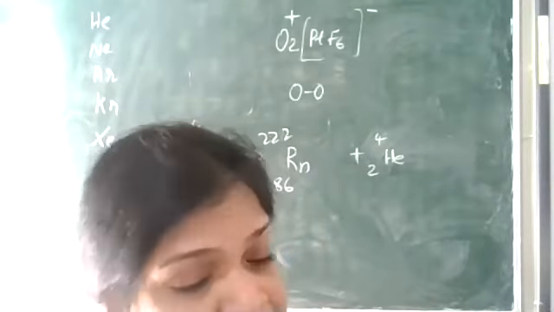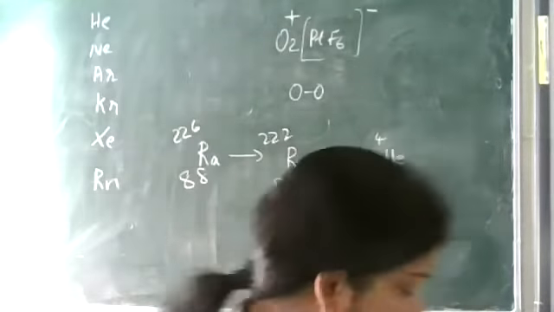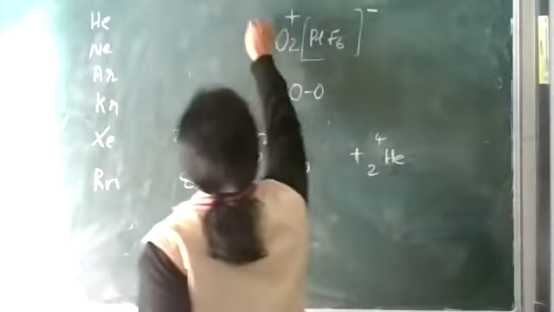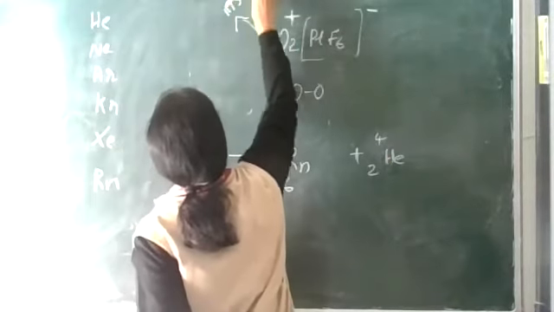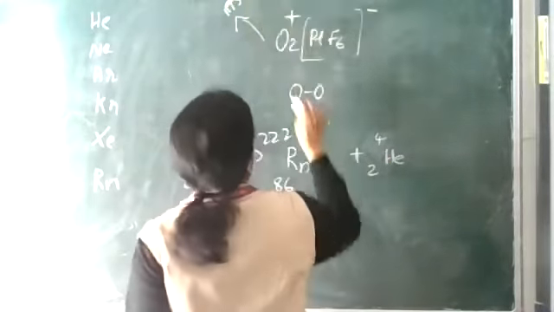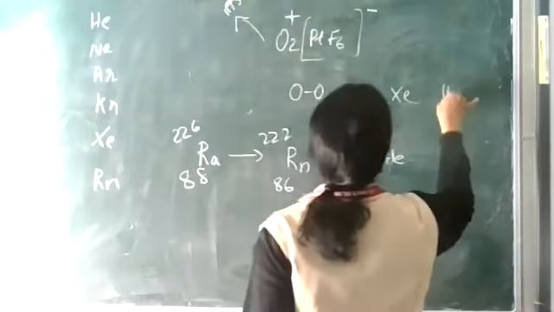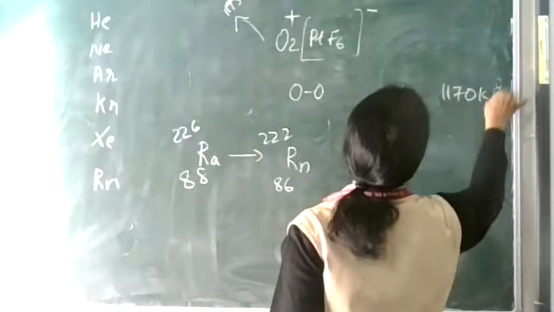molecular oxygen's ionization enthalpy is 1175 kilojoules per mole, and Xe is 1170 kilojoules per mole.